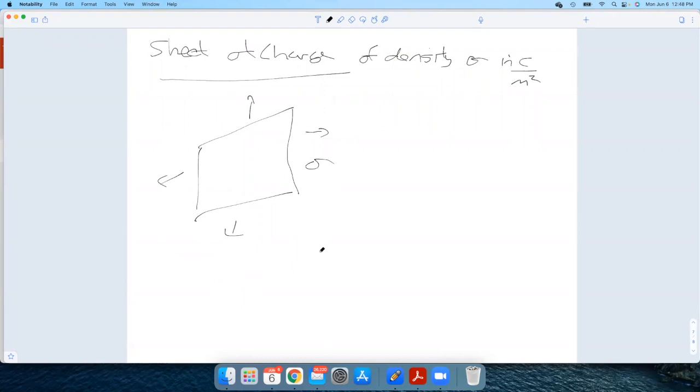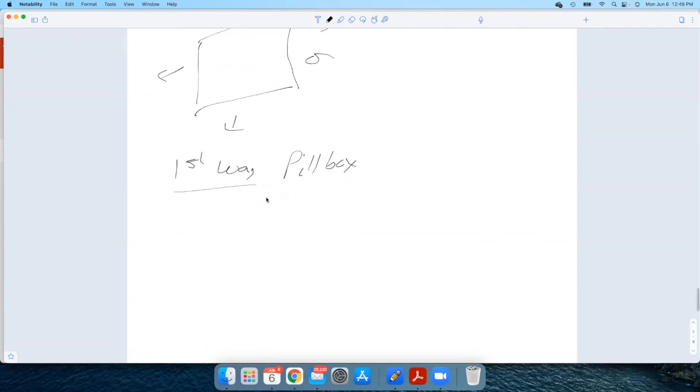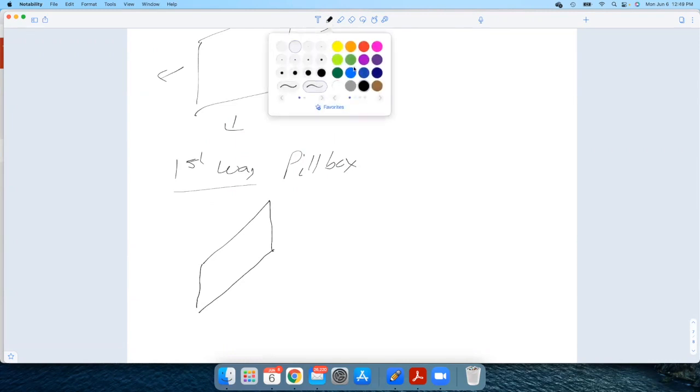I could draw what's called a Gaussian pillbox. I always have trouble drawing this one, so I'm going to do it two different ways. Let's say first way, a pillbox. So here's my sheet. I'm just kind of showing a little section of the sheet. I'm going to draw this in blue like I have been.